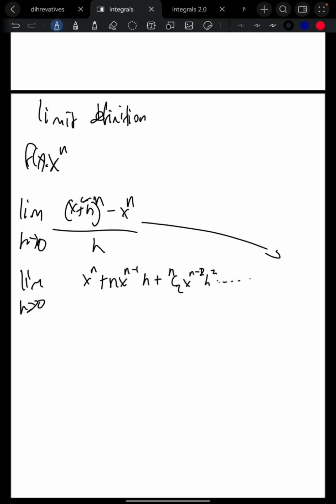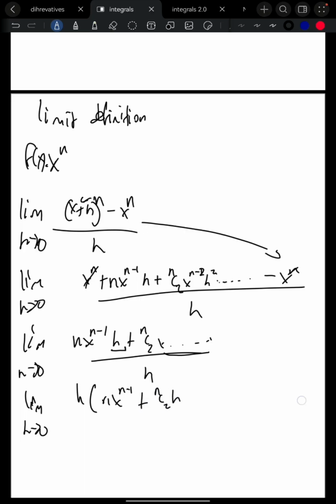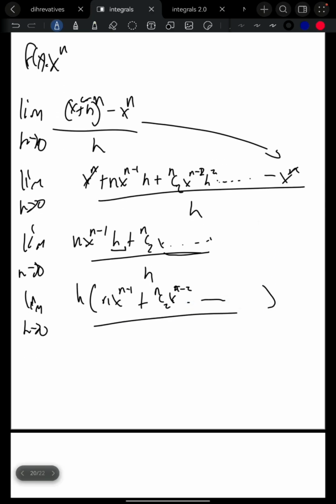And then there's a minus x to the n here, divided by h, so these cancel out, so I get the limit as h approaches 0 of n x to the n minus 1 times h plus nC2 yada yada yada, divided by h. You can factor out an h from this. So this is the limit as h approaches 0 of h times (n x to the n minus 1 plus nC2 x to the n minus 2 times h, and so on), divided by h.